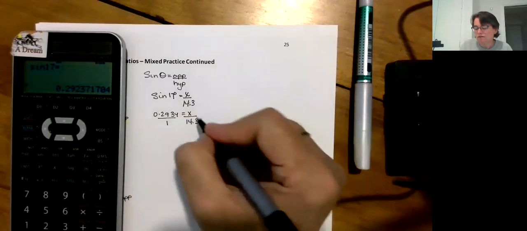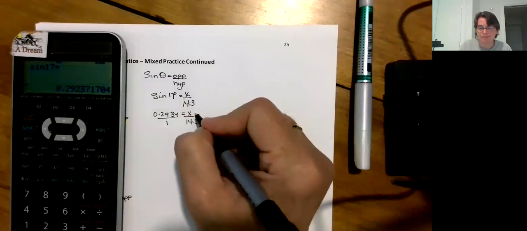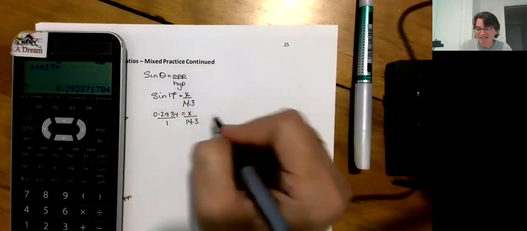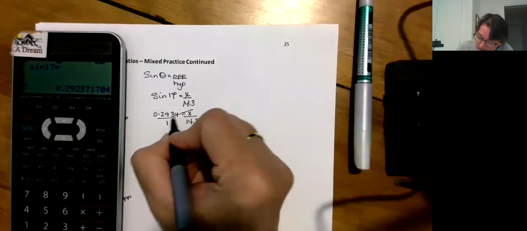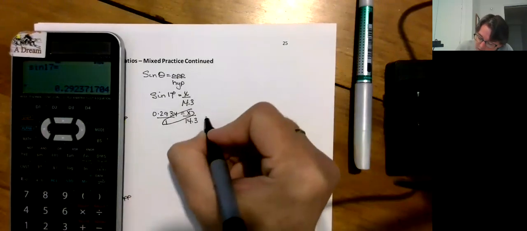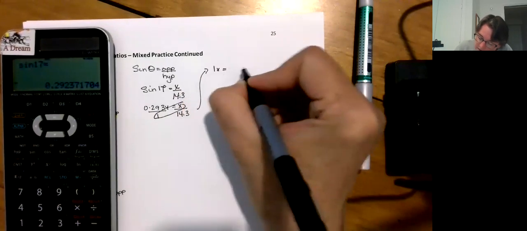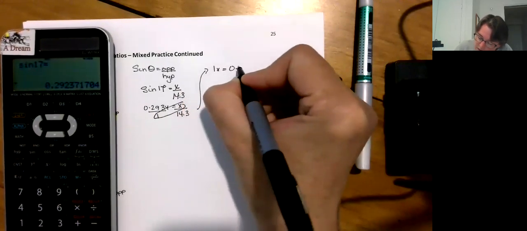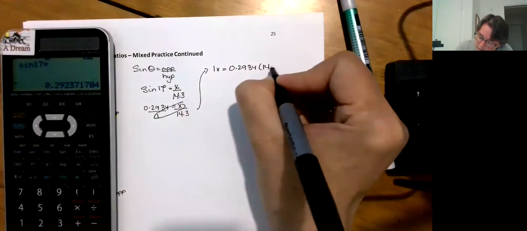If you're missing either the numerator or denominator, you're going to cross multiply, or you can. I always do. So 1x is equal to 0.2934 times 14.3.